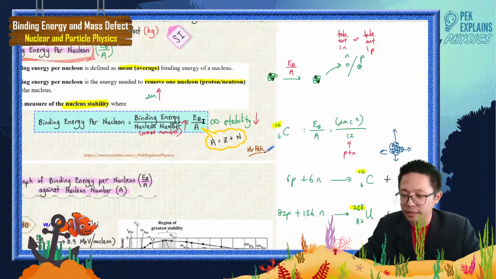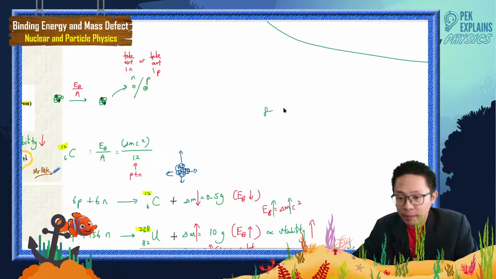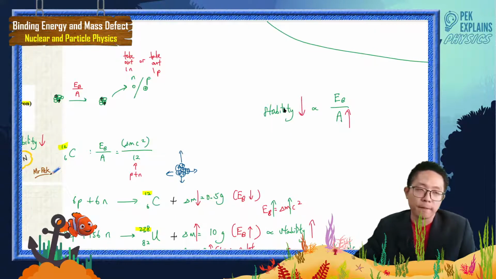So in short, talking about the stability of the nucleus, stability of the nucleus is proportional to binding energy per nucleon. So the higher the binding energy, the higher the stability. However, the higher the nucleon number, the lower the stability.